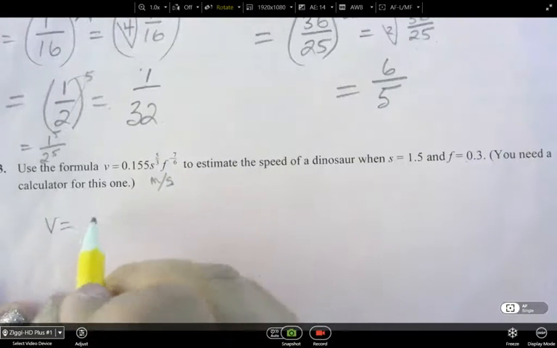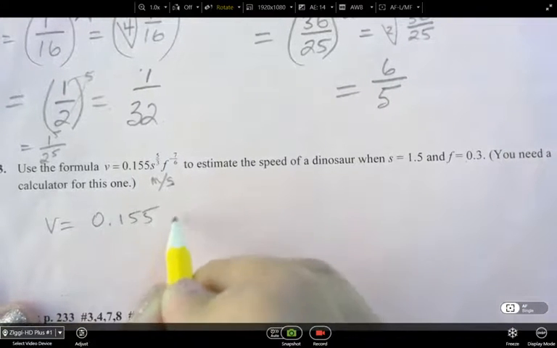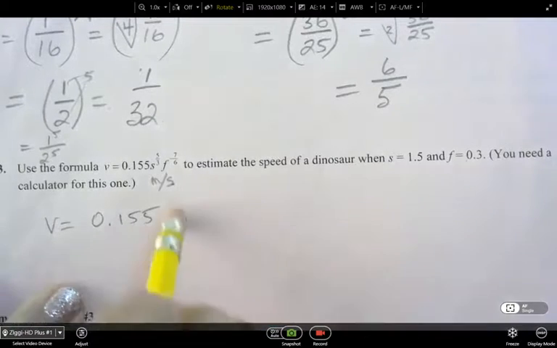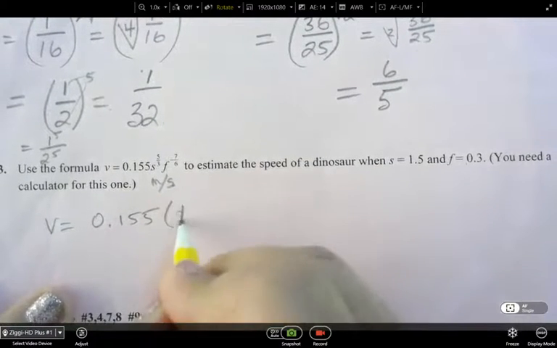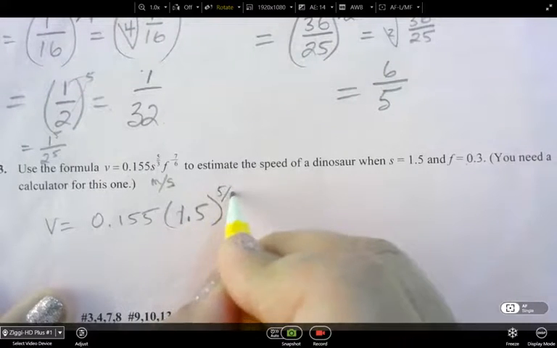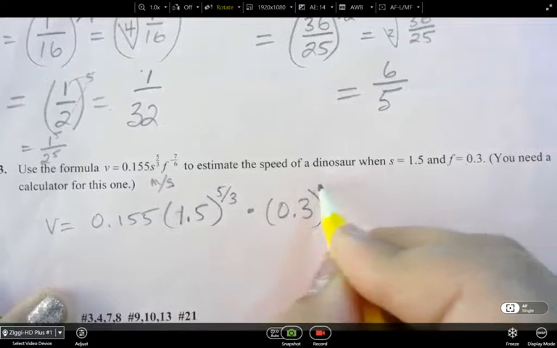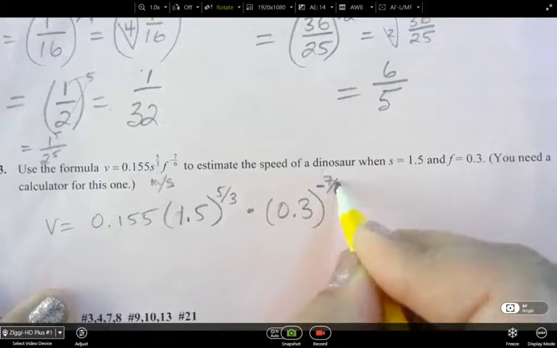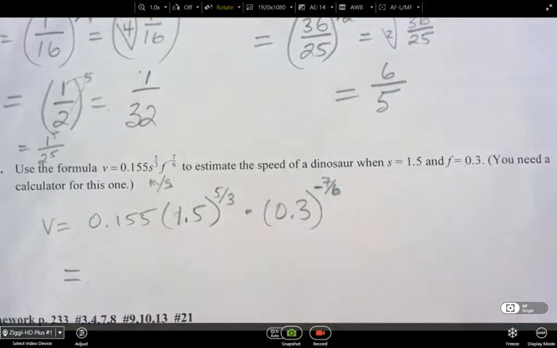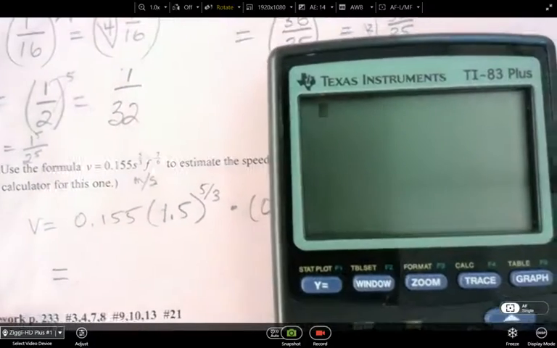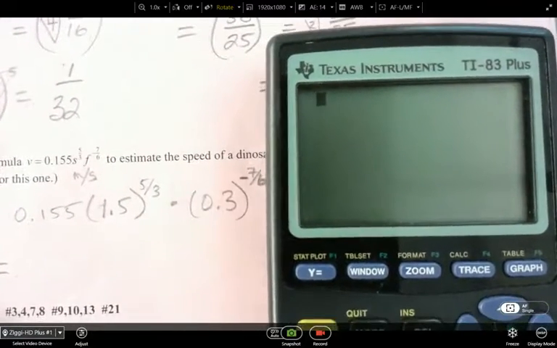So we would just have V equals 0.0155 S, which is, S is 1.5. 1.5 to the power of 5 over 3 times F, which is 0.3 to the power of negative 7 over 6.